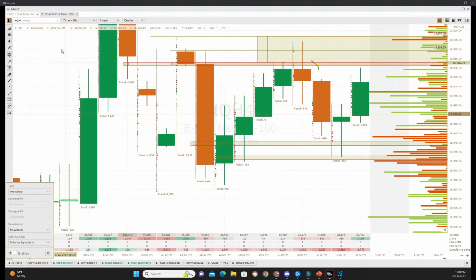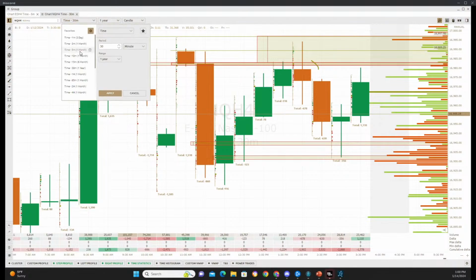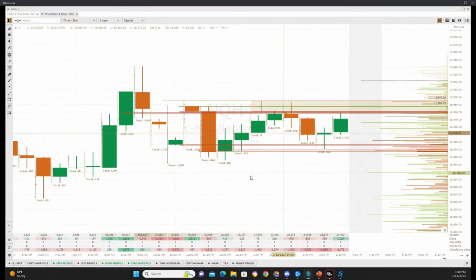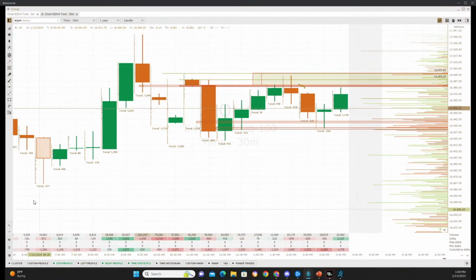And the way it looks on the candles, if you go on, let's see, is this Friday? Yes, I am. If you look at this in just pure volume, right?